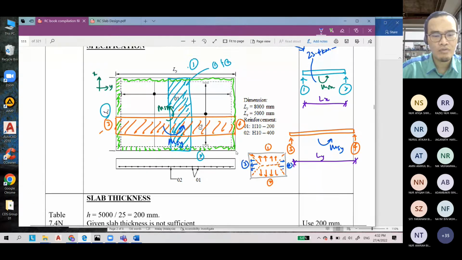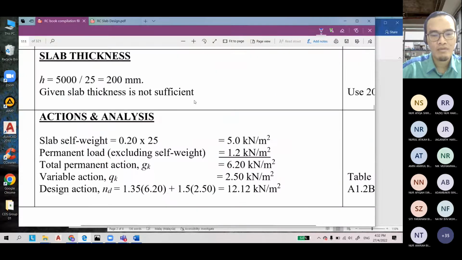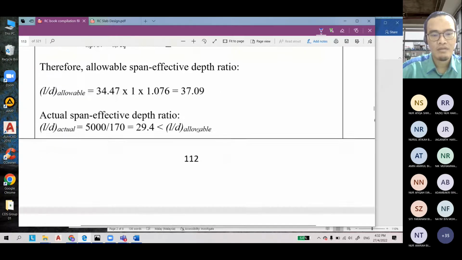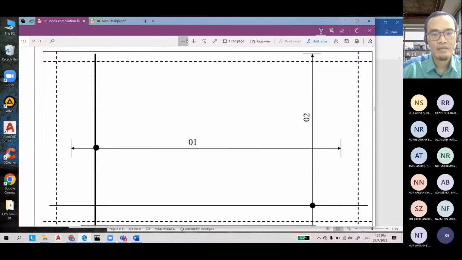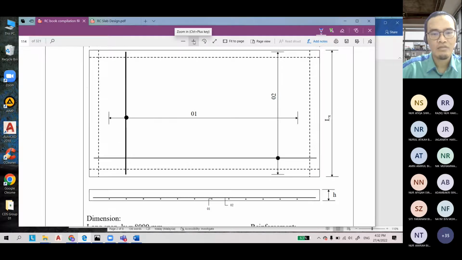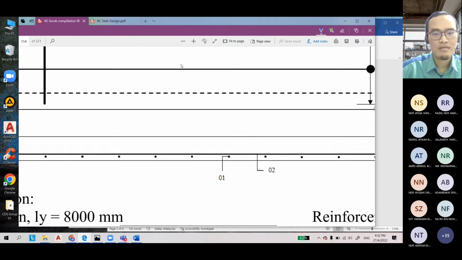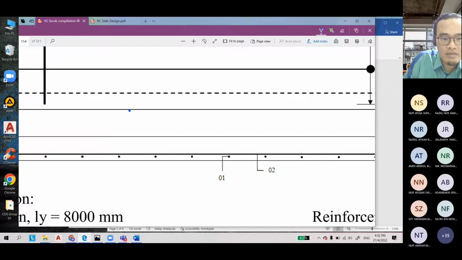Because D2 is always the bottom, this one is very important. Can you see this one? As I mentioned before, we have two directions of slabs, the shorter and the longer. So the D1 is this one, from here to here is hf.